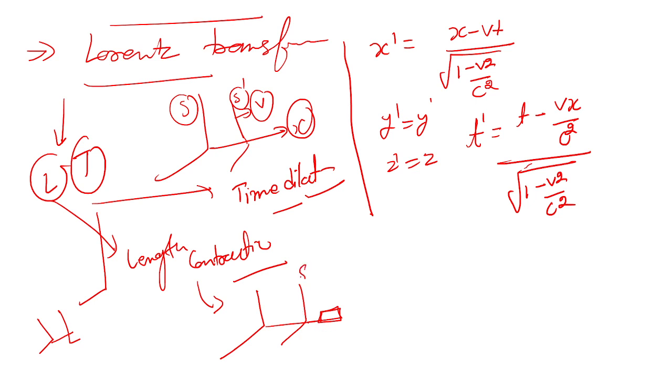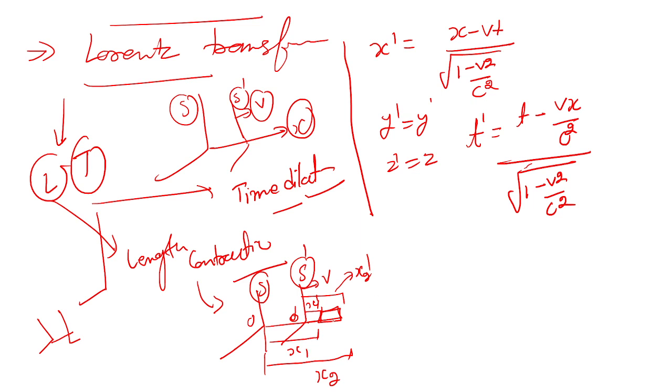This is the S dash frame and this is S, and the S dash frame is moving with speed v. From the S dash frame, the coordinates are x1 dash and x2 dash, and from the S side, x1 and x2.